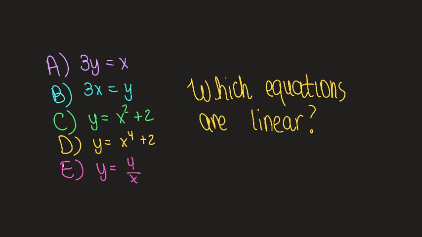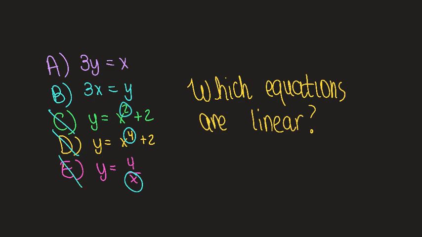All right, out of these, which ones are linear? You might want some paper in case you have to rearrange something. Well, the tiny 2 means C won't work. The tiny 4 means D won't work. X in the bottom means E won't work.